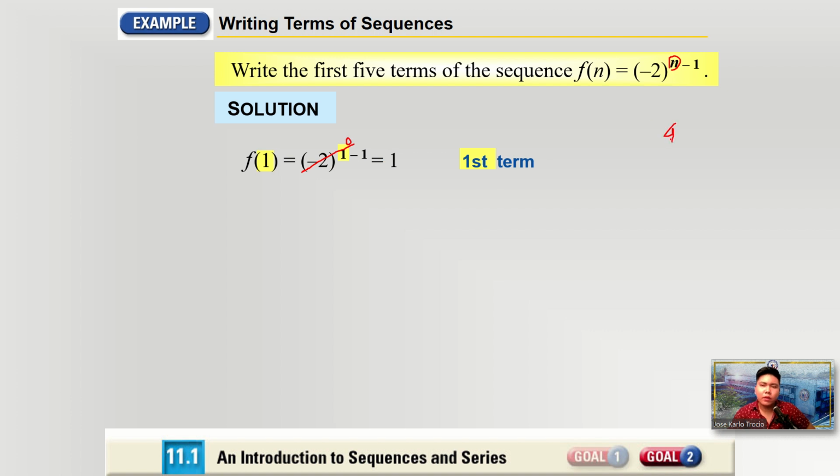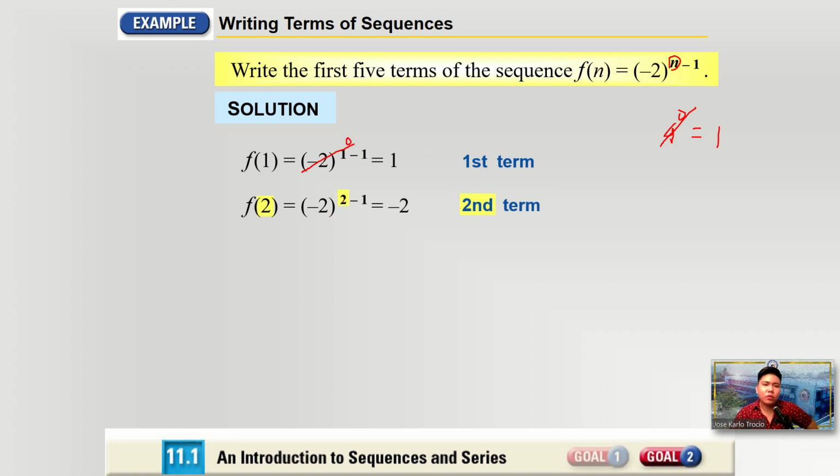Example, 4 to the power of 0 is equal to 1. That is a special property, and I'll explain that one in the next video. So that is 1.